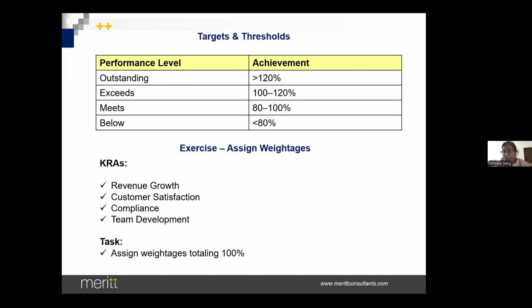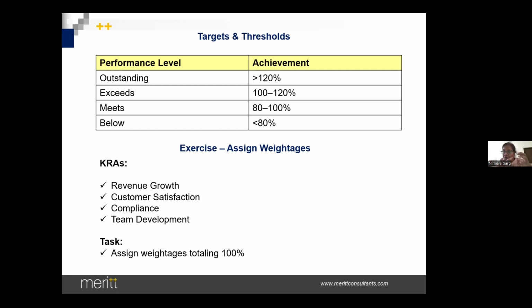Typically, what are these performance levels? These are typically not for operational people. When you achieve more than your target, and how much more? Because I have to also incentivize you. So, if you have achieved more than 120%, it's outstanding. Your incentive will be different.